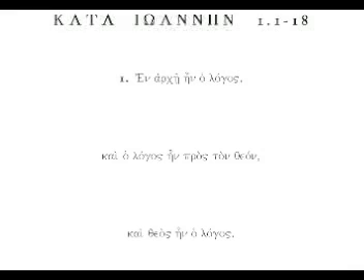So we will pronounce this word ho. Ho. The next word is logos. Logos. And the next word is a form of our verb of being, ein, meaning it was. He, she, or it was. The word was.